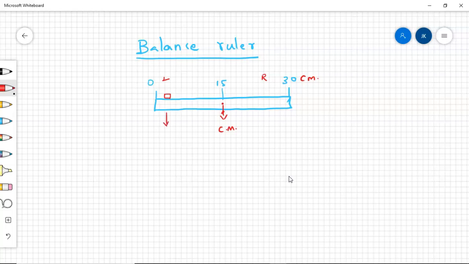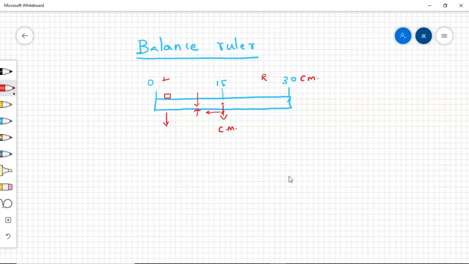The ruler tilts downwards towards the left side. If you want to balance the ruler again, you move your finger towards the left side, towards the coin, slowly, slowly, until at some point it is balanced.